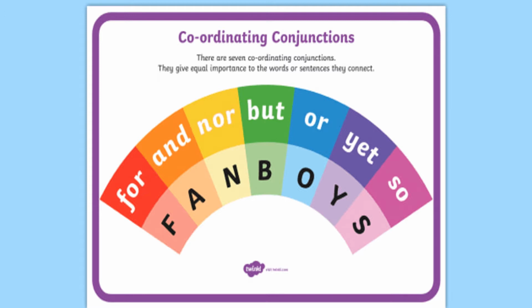F is used for, A for and, N for nor, B for but, O for or, Y for yet, S for so. Yes. So fanboys are coordinating conjunctions. These are used to join a sentence. Yes. Let us move ahead and see few examples of it.